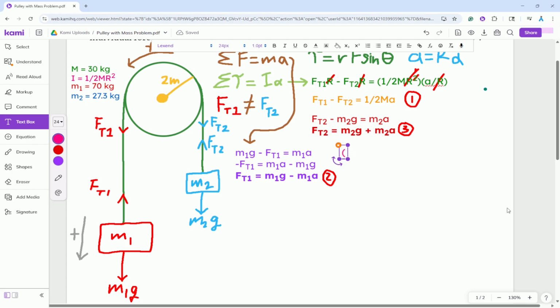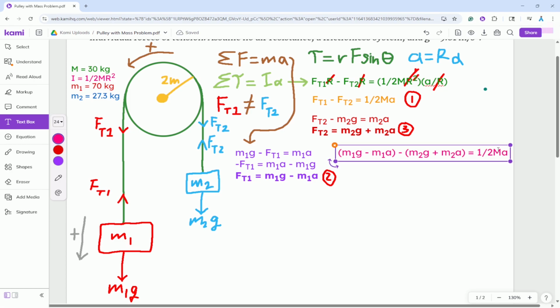FT1, let's sub it in. M1G minus M1A, minus FT2, M2G plus M2A. Don't forget the parentheses, it's important. Equals 1/2 MA. And there we go. This is where everything starts coming together.